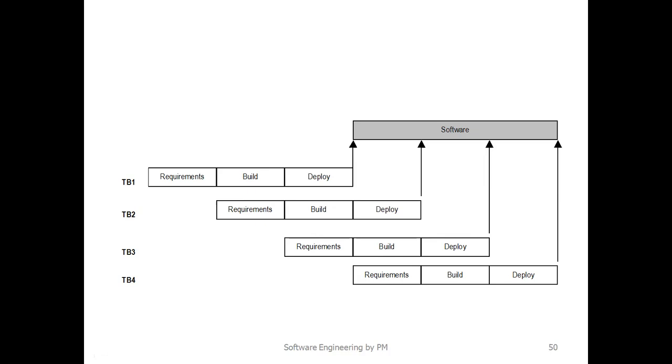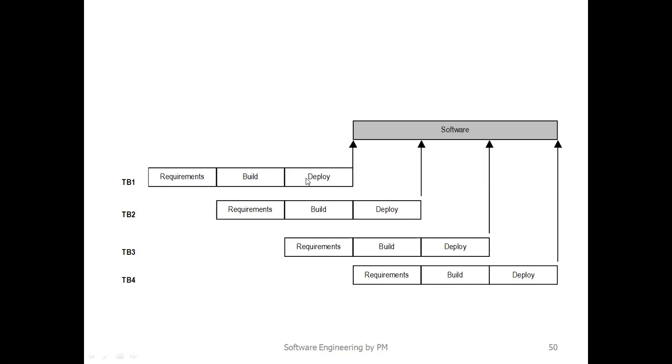So you should bear it very clearly in mind that once the team develops this requirement activity, the same team will not go for building. It will go to the requirements of the next. There is a separate team for the building activity, and a separate team for the deployment activity.